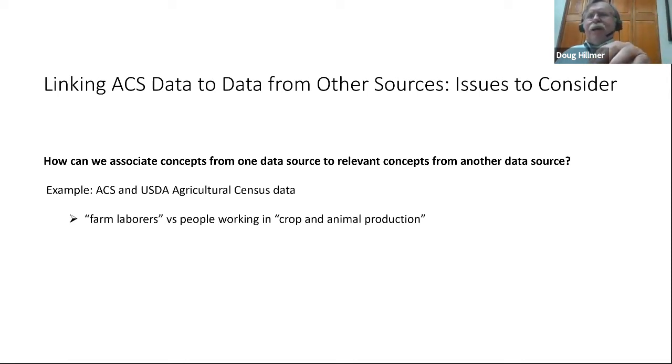So on the USDA side, the Department of Agriculture, at the time of the census, but the ag census was in 2017, they covered farm laborers. And I'm not talking occupation, I'm talking about industries where there were farm laborers. So I'm trying to figure out, do I have the same things here? Does one cover the other, and so forth?